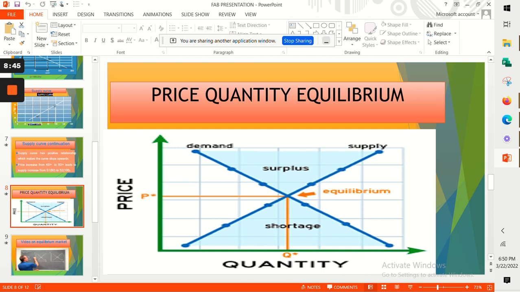It can be any price. It can be 10, 20, 40. And on the x-axis, we have the quantity, the quantity demanded in the market and the quantity supplied in the market. That is represented by letter Q. Thank you, Malik. Now you understand where the equilibrium is coming from. Yes. Okay, thank you very much for that.